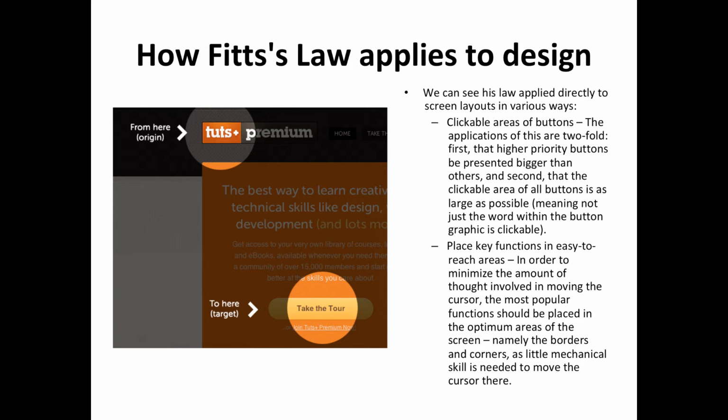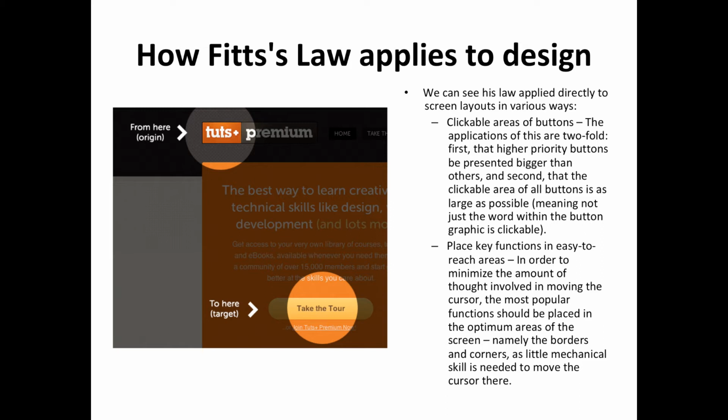The second thing is place key functions in easy to reach areas in order to minimize the amount of thought involved in moving the cursor. The most popular functions should be placed in the optimum areas of the screen, namely the borders and corners, with as little mechanical skill needed to move the cursor there. So if the whole point of your site is to get people to download something, you don't want to put that download button all the way at the bottom.